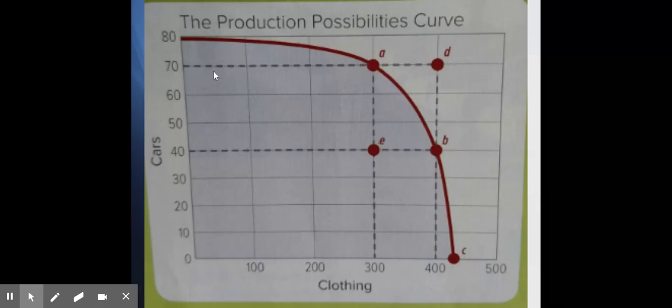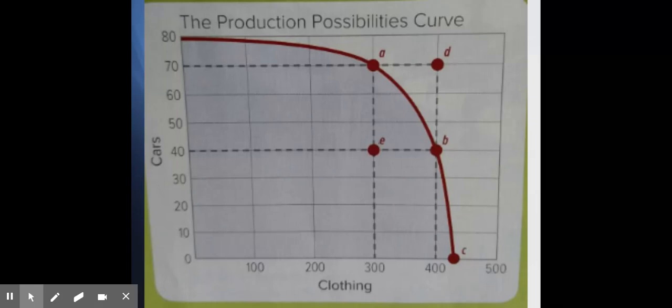So as we increase on our x-axis, moving from left to right, we're going to decrease on our y-axis, moving from top to bottom. So we can have full use of our resources at 80 cars and 0 items of clothing.